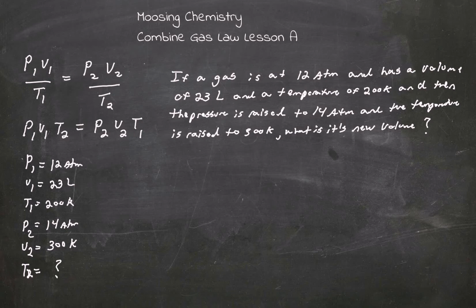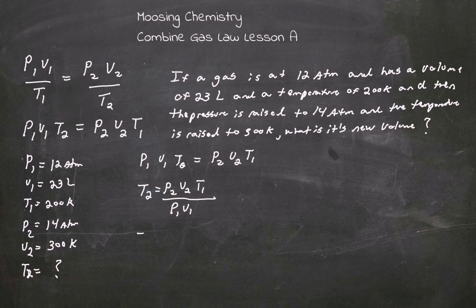All right, so now let's see here. We're looking for T2. So we go P1 V1 T2 equals P2 V2 T1. Since we're looking for T2, we're going to go T2 equals P2 V2 T1 over P1 V1. Now all we have to do is put the known values into our equation.